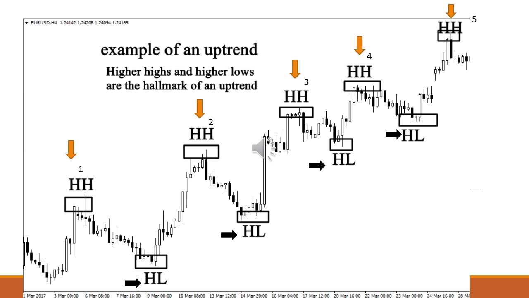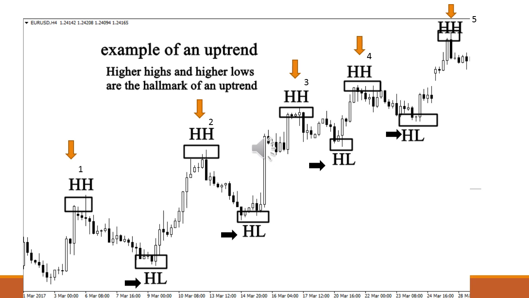It moves again and forms higher lows and closes above the previous higher high. So at number four, it moves again and pulls back to what they call higher lows, and moves and closes above the previous higher high.